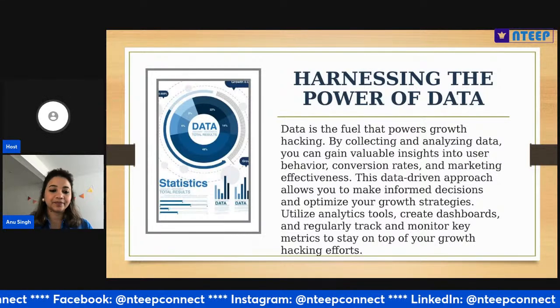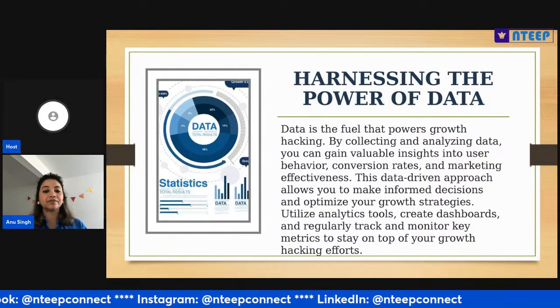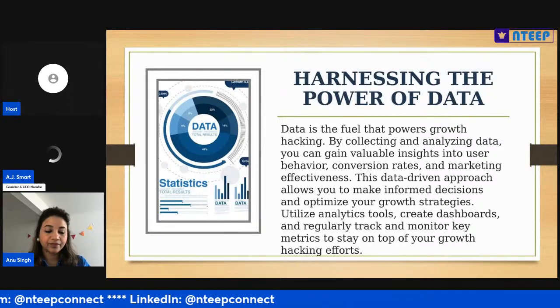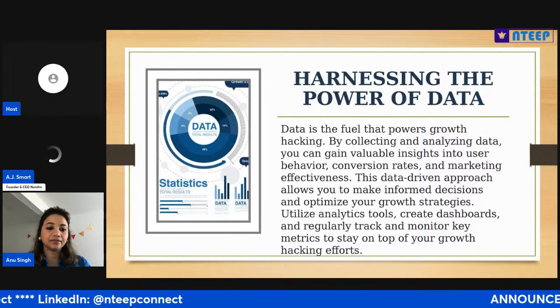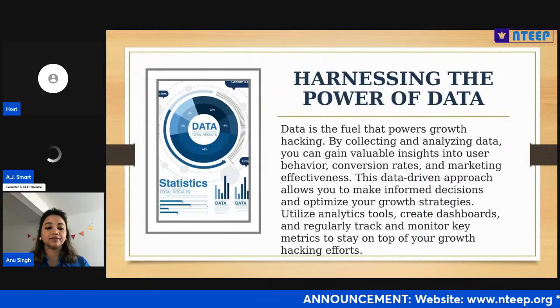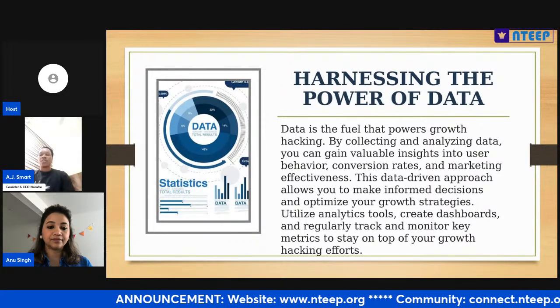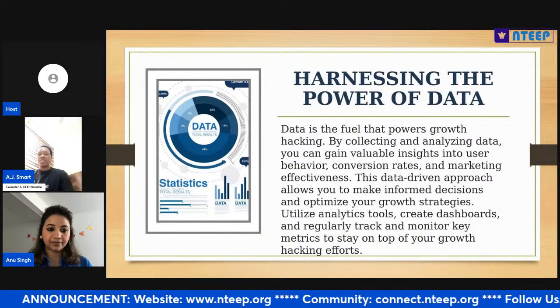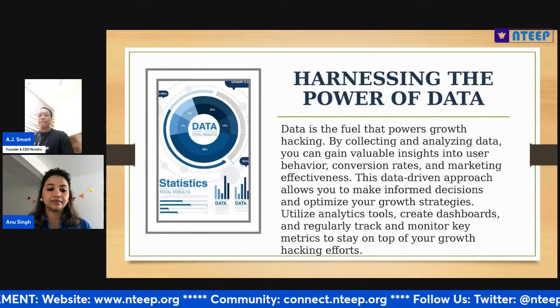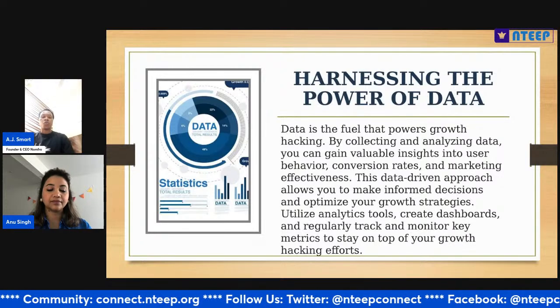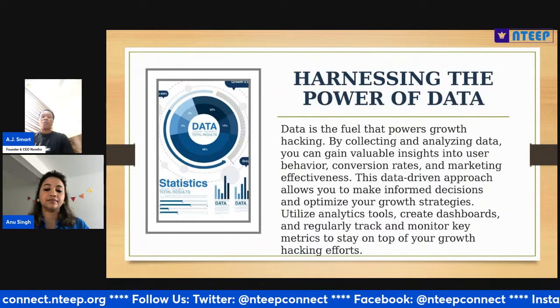So as I was saying, it's very, very important. The traditional way of doing business involves taking advantage of data available to promote your business.